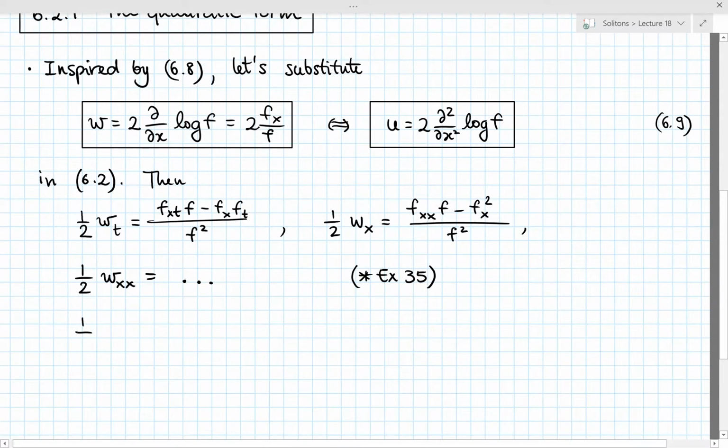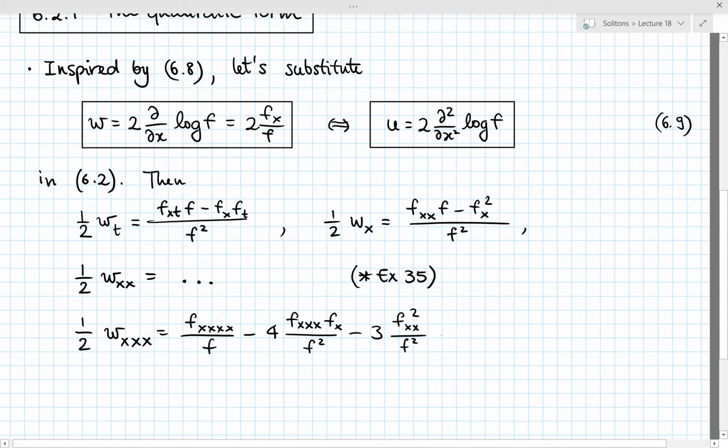And when you differentiate once more to get 1/2 wxxx, and that's again part of exercise 35, you will get the following expression: fxxxx over f minus 4 fxxx fx over f squared minus 3 fxx squared over f squared plus 12 fxx fx squared over f cubed minus 6 fx to the 4th over f to the 4th power.